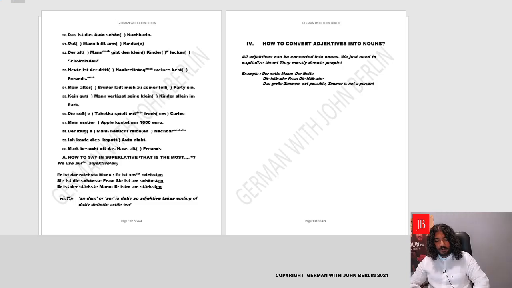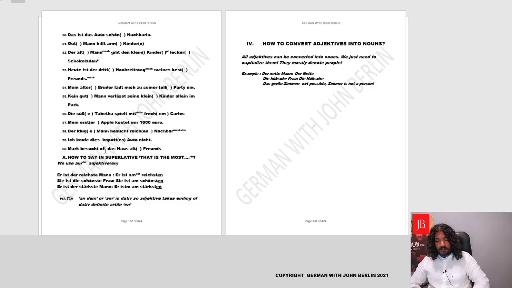It's who buys what, accusative, and then we'll find the gender. It's neutrum. So indefinite article table, accusative neutrum. You'll find it is borrowed from the definite articles, den, die, das. So we'll write s, just like das. Ich kaufe dies kaputtes Auto nicht.